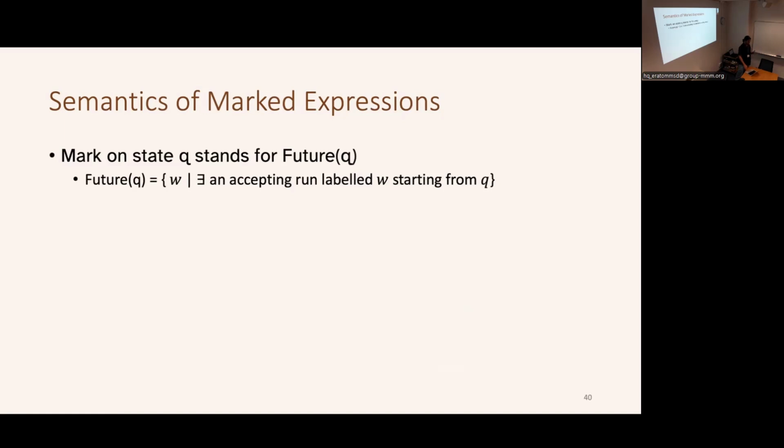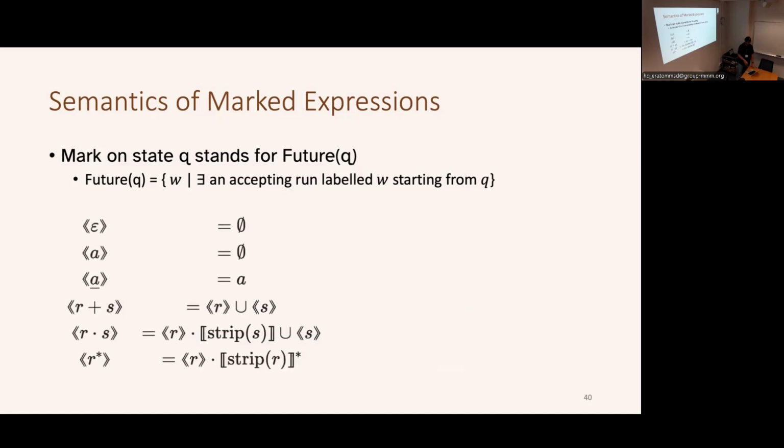So the idea here is that when I have a mark on Q, I would think of it as the future of Q. And by this, I mean, I will think of this as all those words which could be accepted if I was starting from that particular state. So we can make this formal as follows.